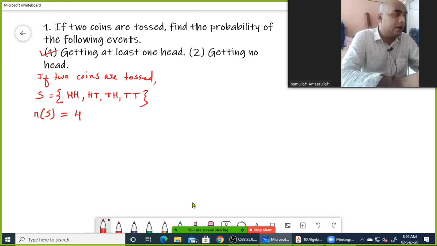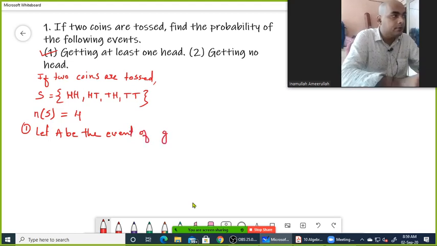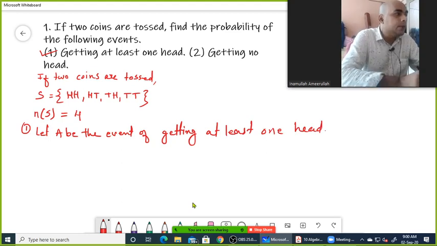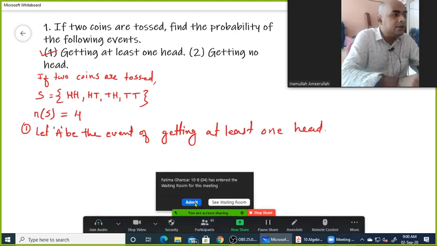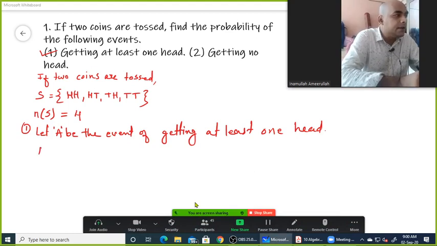So let A be the event of getting at least one head. A is the name of this particular event.